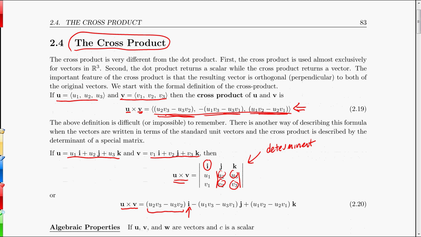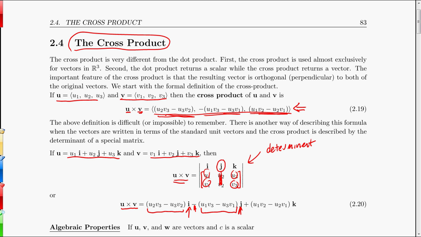And then we would go across this top row, and you would say, all right, that's j times the determinant, I get rid of that column, of this matrix. And in fact, I made a mistake. It's not j, it's actually negative j, times the determinant of this matrix here, so that's u1 v3 minus u3 v1. So here's the negative j and the determinant of that matrix I just outlined.